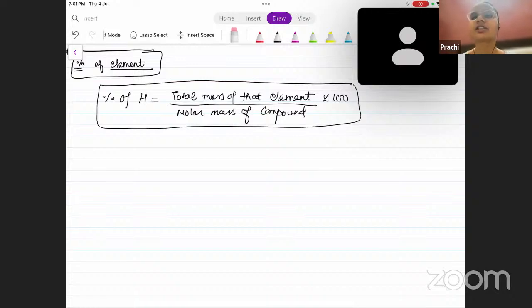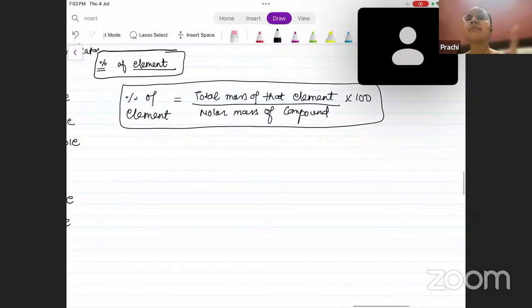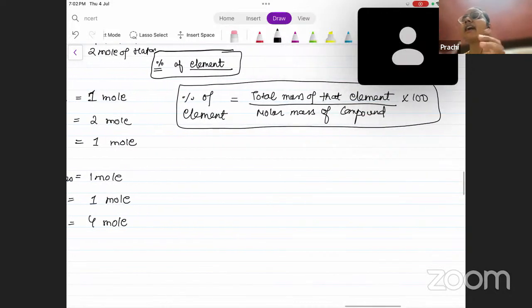It's not just for hydrogen. This is the formula for percentage of element: the total mass of that element in that compound divided by the molar mass of the compound into 100.